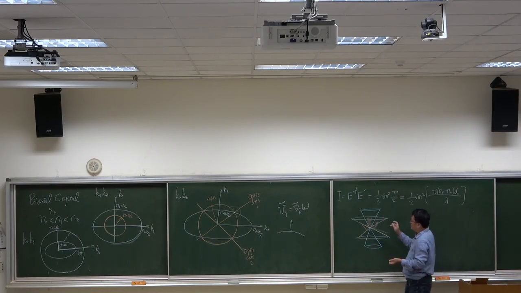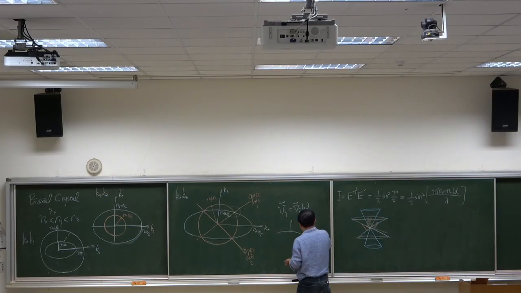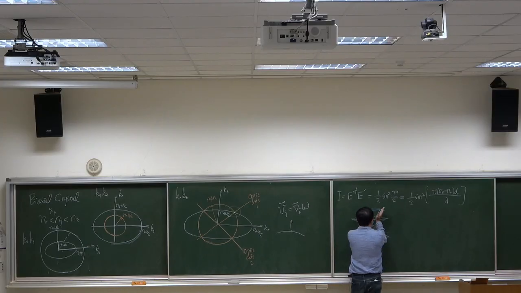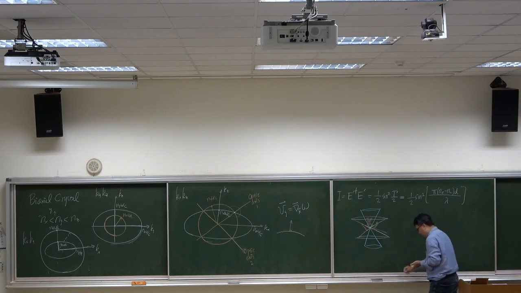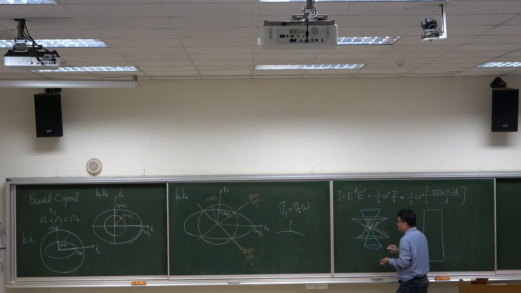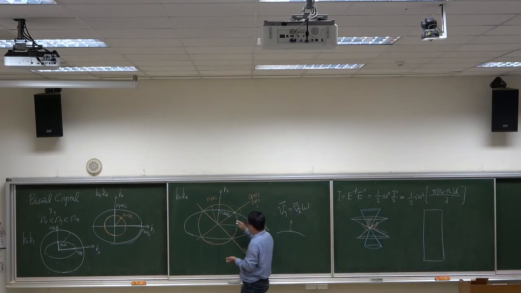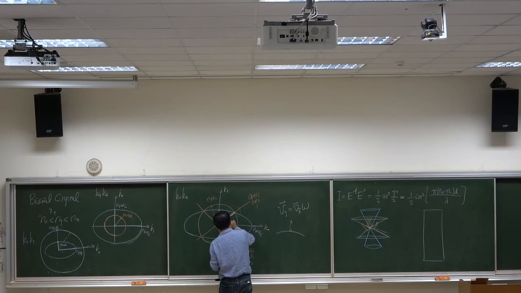So since now light propagates along a cone, if we have a block of biaxial crystal, and this direction is the direction of the optic axis.